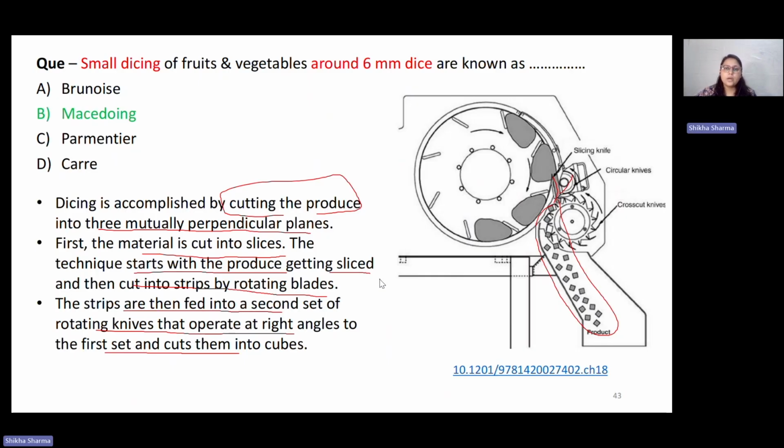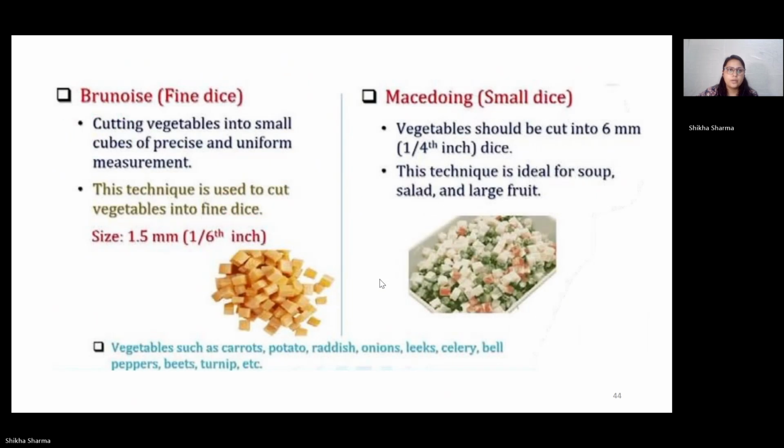Based on the cube size we get, these dicings are termed by different names. If it is fine dicing, that means cutting the vegetables into small cubes of precise and uniform measurement, around 1.5 mm or 1/16 of an inch.